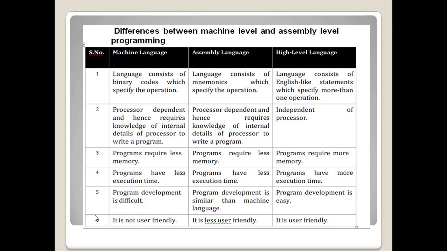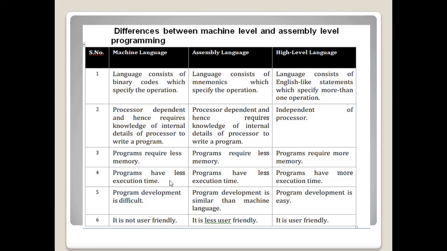In machine language, programs require less memory. In assembly language also, programs require less memory. In the case of high level language, it requires more memory to write the programs. The fourth difference is that programs have less execution time.